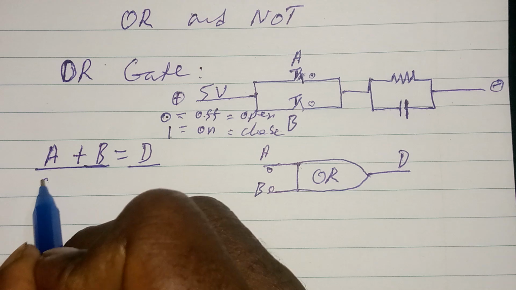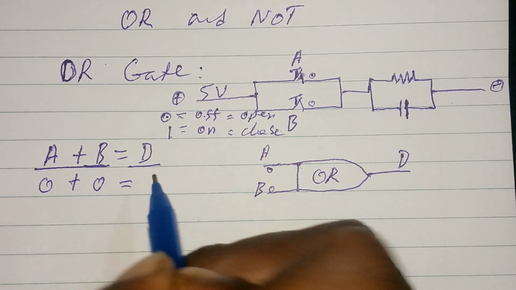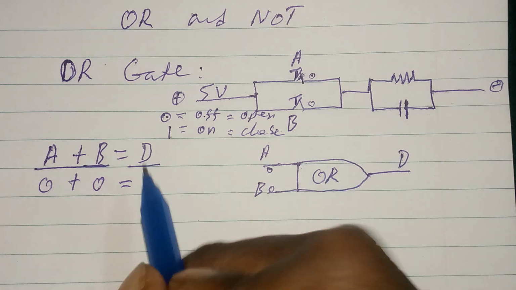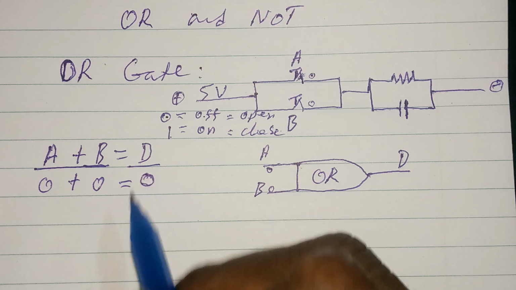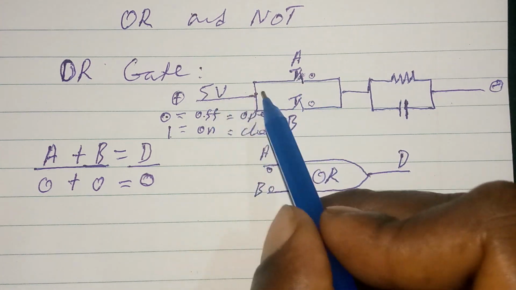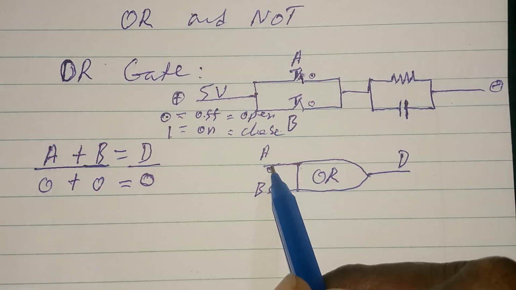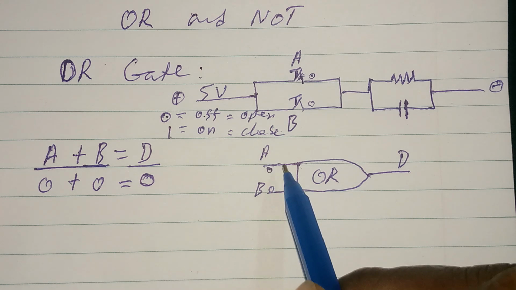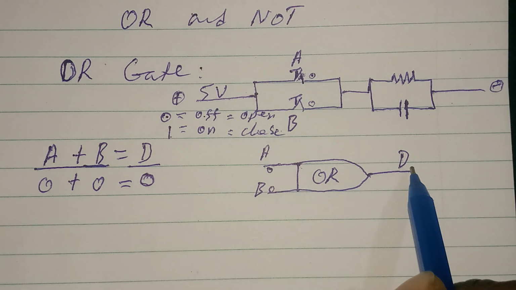So if we say 0 here plus 0 here, what will happen here? It is still going to remain 0. That is, it is still going to remain off because both switches are open. So the 5 volts will not power the circuit. So since here is 0, here is 0, there is no input here. So the output is going to be 0.